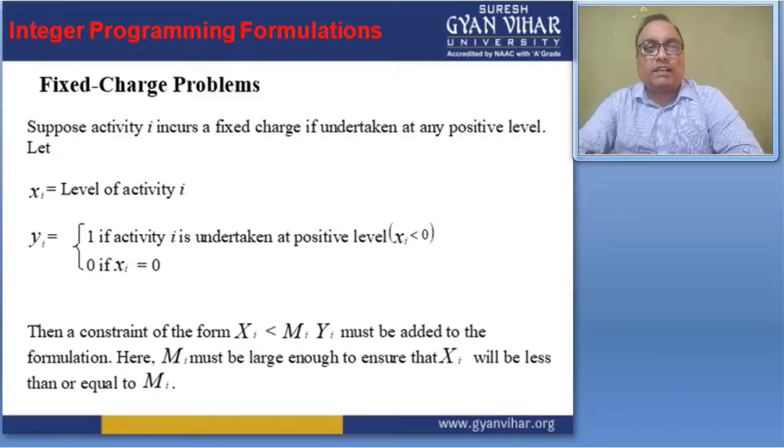Then a constraint of the form xi less than or equal to mi yi must be added to the formulation. Here mi must be large enough to ensure that xi will be less than or equal to mi.